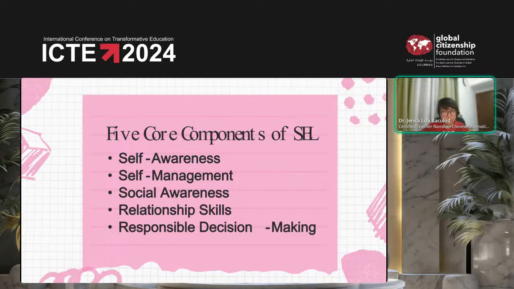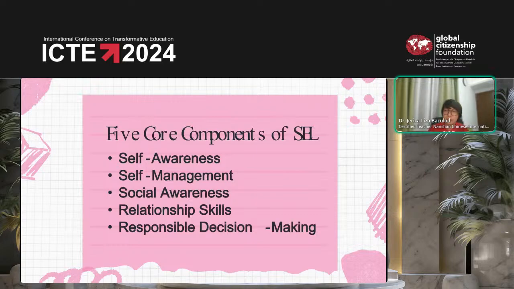All right, let's go to the next slide. As we all know, there are five core components of SEL. First is self awareness. This involves understanding one's own emotions, strengths, and weaknesses. Through self reflection exercises, students become more attuned to how they feel and why they feel that way.